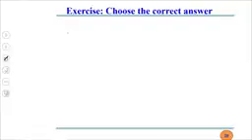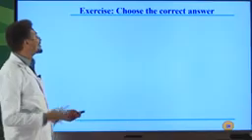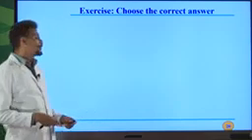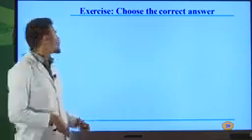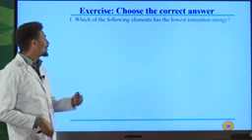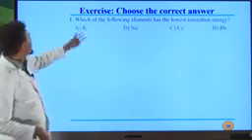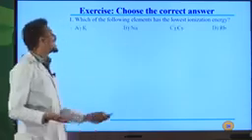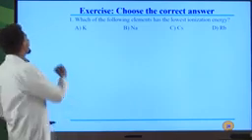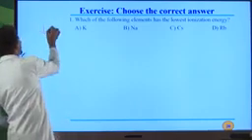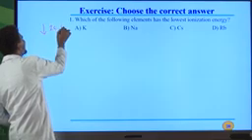So now let us answer some questions, and some of them are from university entrance exams. Let us see them together. The first question says: which of the following elements has the lowest ionization energy? I told you that down the group, ionization energy decreases.